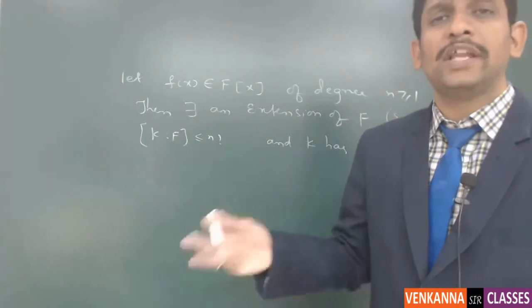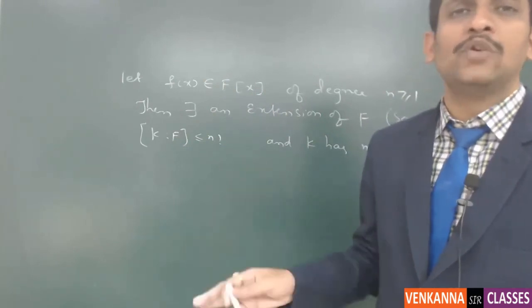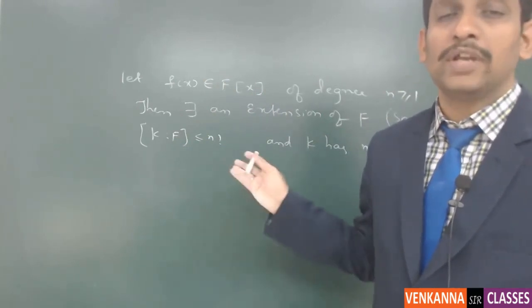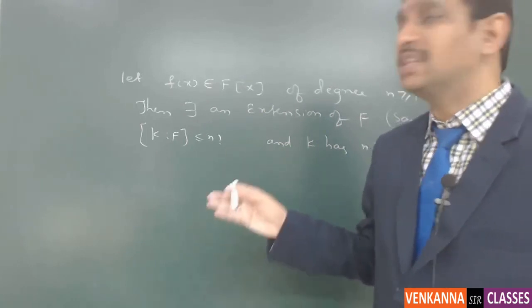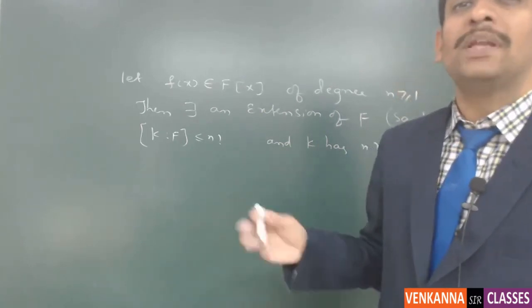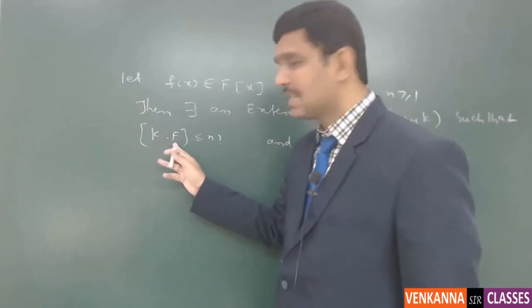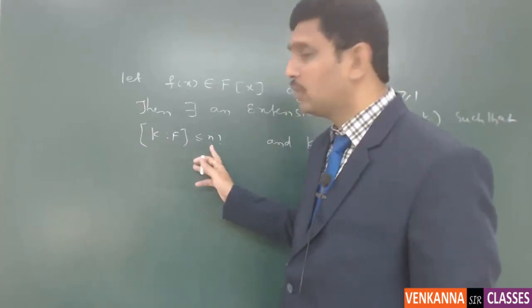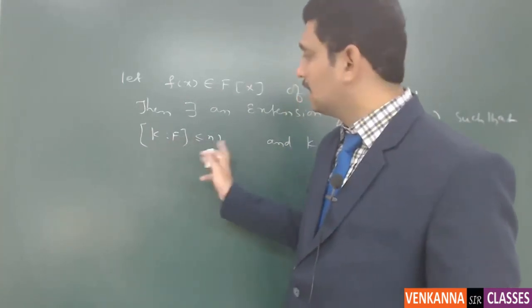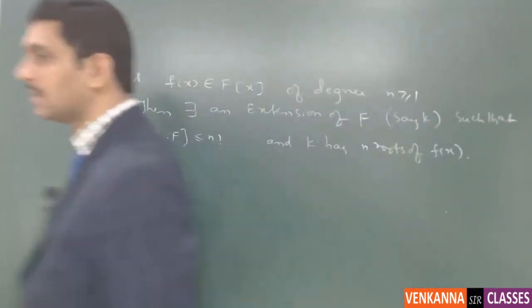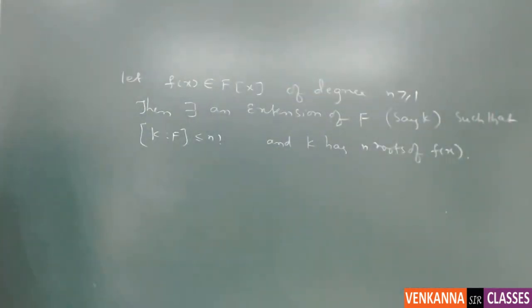If there are 3 roots for f of x, all 3 roots will be in this extension. If you take n roots, all the n roots will be in this extension. And what will be the basis? The basis contains less than or equal to n factorial elements. This is the concept of the theorem or the result. Okay? Any questions for that?